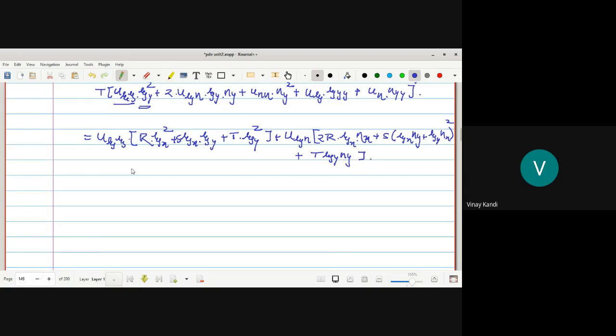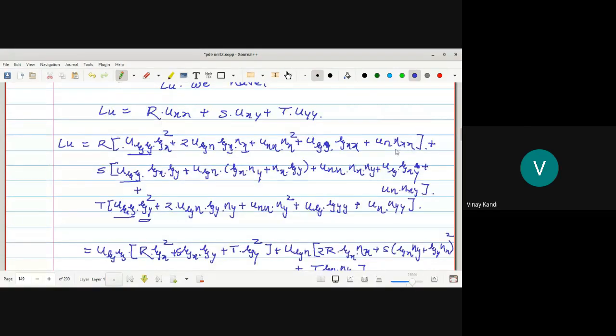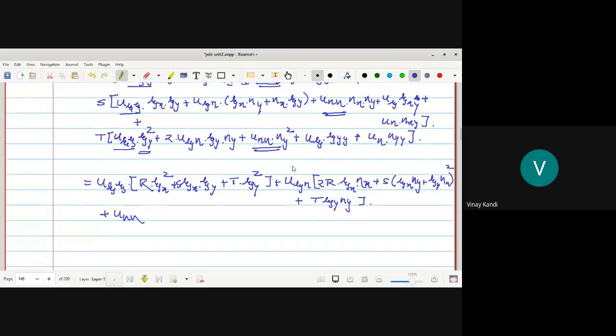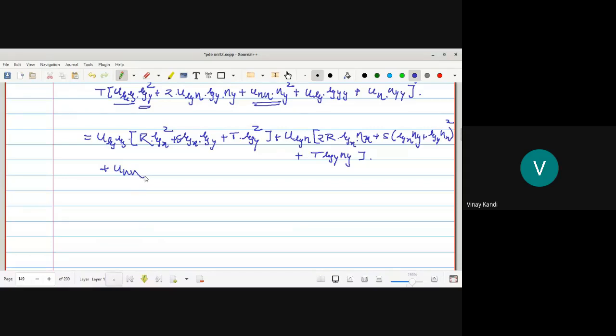Now taking u eta eta common. In the bracket, what will remain? R into eta x square plus S into eta x eta y plus T into eta y square.